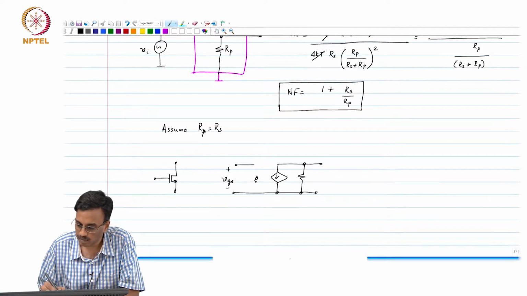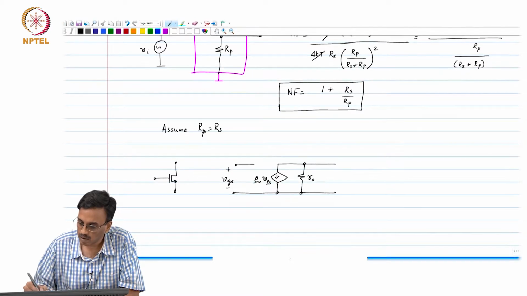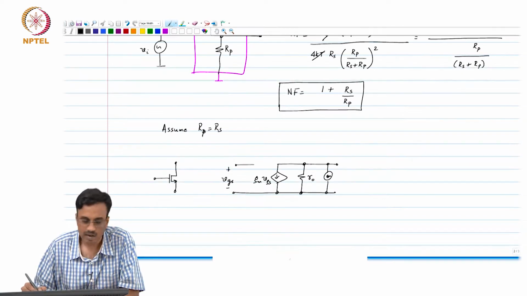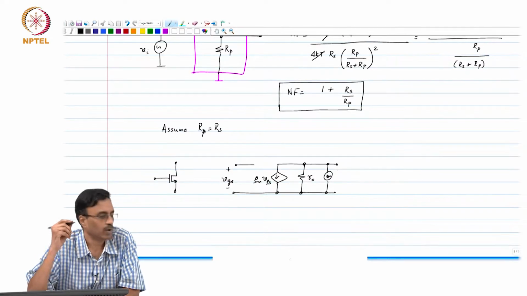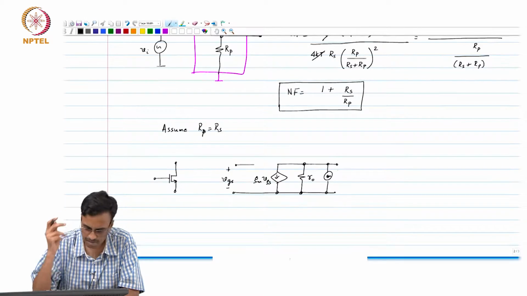So, this is gm times Vgs, this is ro, and as I mentioned, the transistor is accompanied by a noise source whose spectral density for a long channel MOS transistor can be shown to be 8kT over 3 times gm.